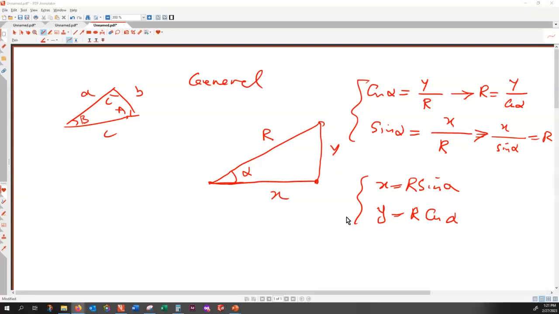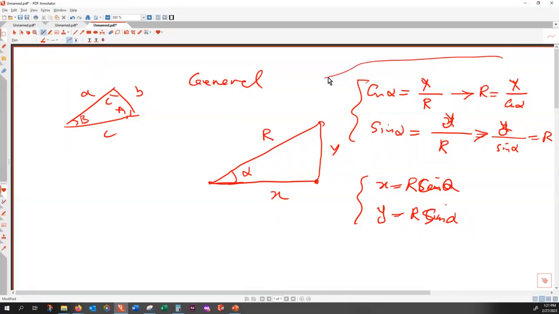You are right. Sine is y over r. Thank you for that. Sine is y over r, and cosine is x over r. Thank you for correcting this one. So then you get x equal to r cos alpha and y equal to r sine alpha.